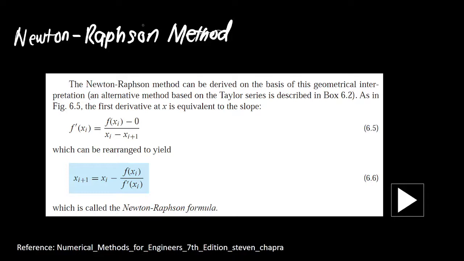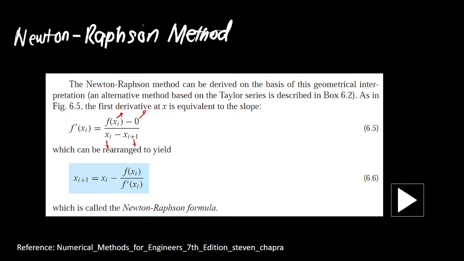So the slope of the tangent line, which is the change in y over the change of x. So then we take the limit, then we find the value of the slope. So same scenario here, we copied those solution. So your derived function will be equivalent to your f of x sub i minus 0 all over the difference of the present root and the new root.